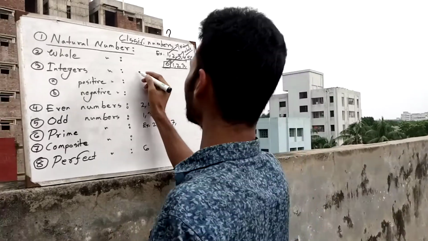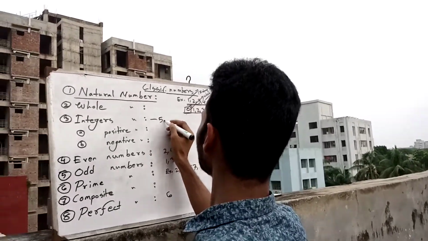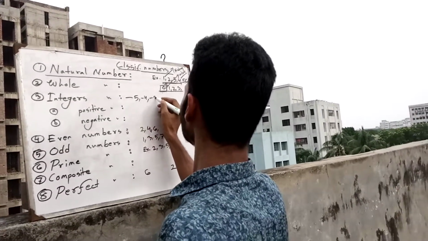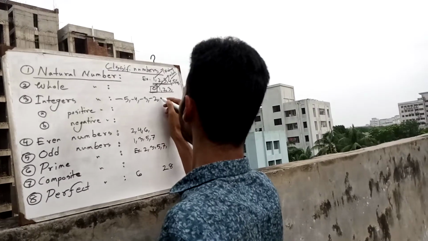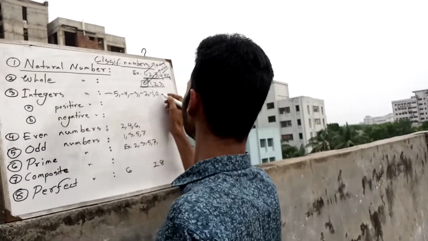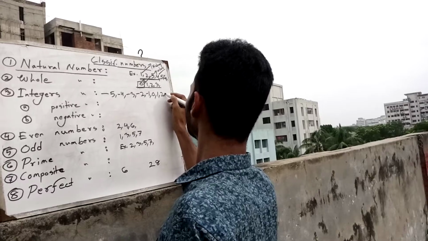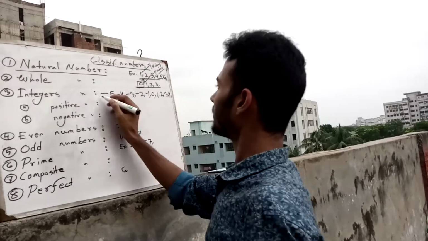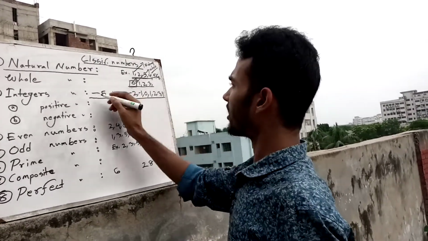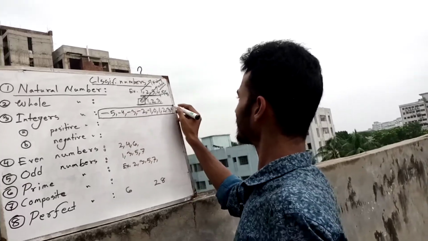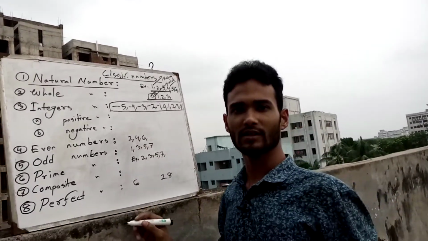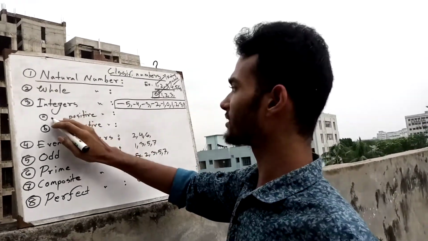That means like this: minus 3, minus 2, minus 1, then 0, then 1, 2, 3, 4. It is called the set of integers in mathematics.